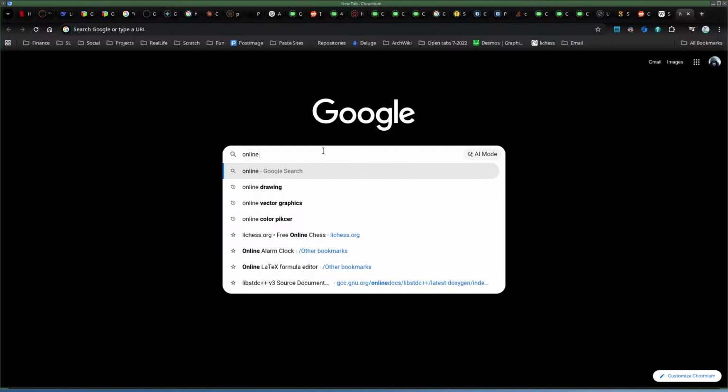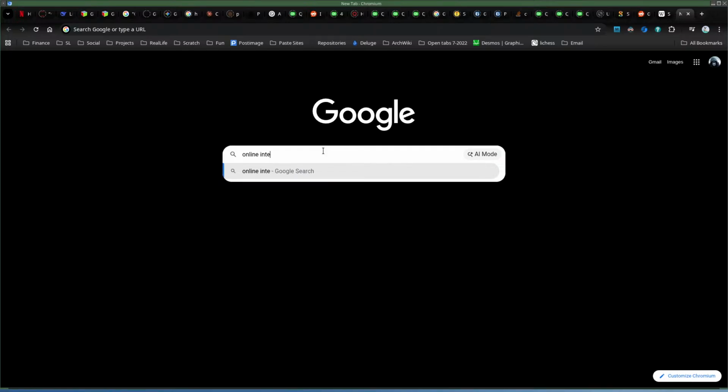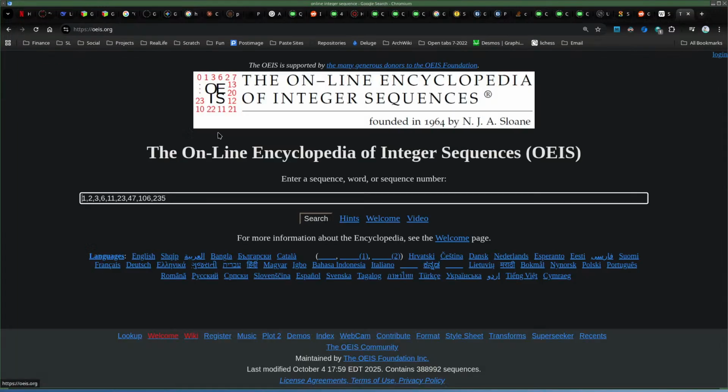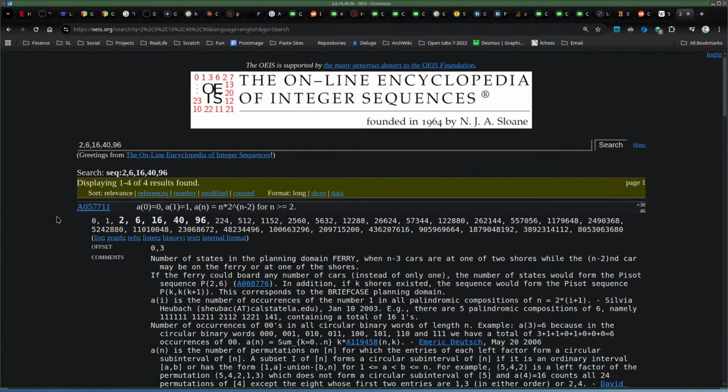The online integer sequence something. There we are. 2, 6, 16, 40, 96. So the next one is 224.